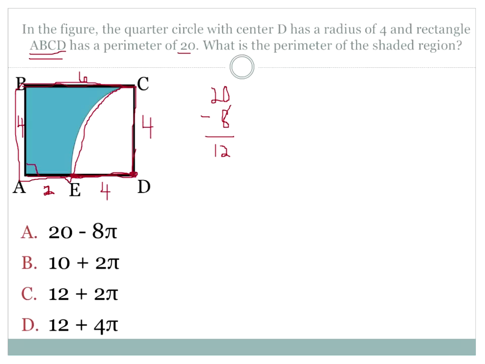How do we figure out this portion of the circle? What are we going to have to use? What formula to figure out what the measurement of that portion of the circle is?